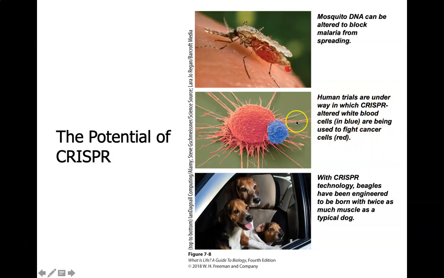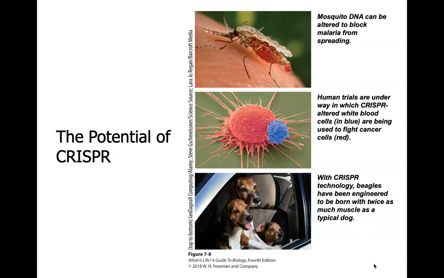So it alters white blood cells so that they can attack and target cancer cells. Another example are these genetically engineered beagles to have more muscle mass than usual. And I'm not sure why you would do that. There probably was a reason.